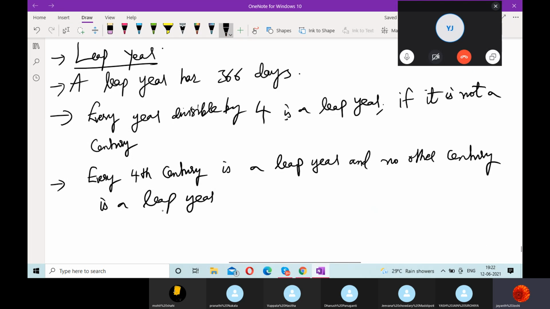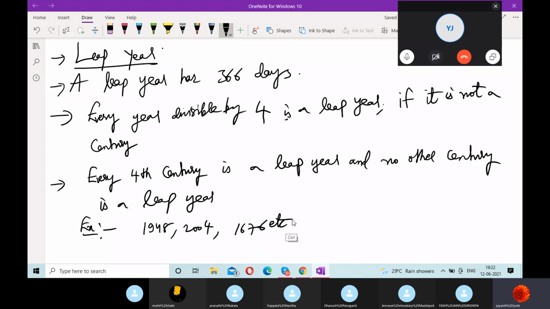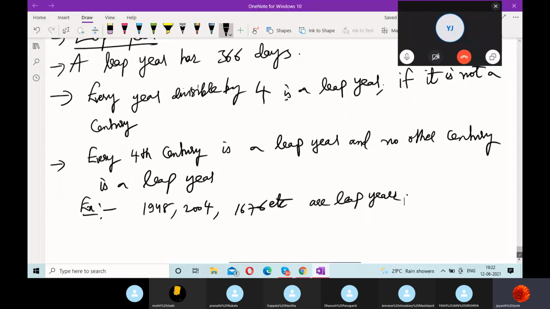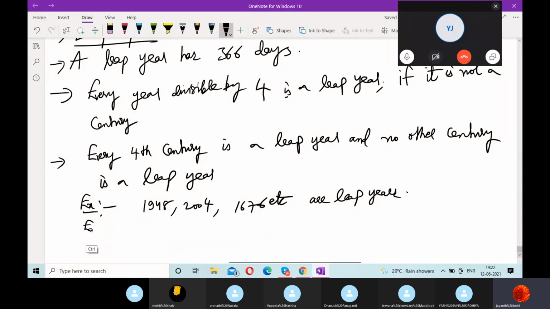So I will write some examples. Now let's say 1948, 2004, 1676, etc. are leap years. Why? Because they satisfy the condition of being divisible by 4. Point number 2.